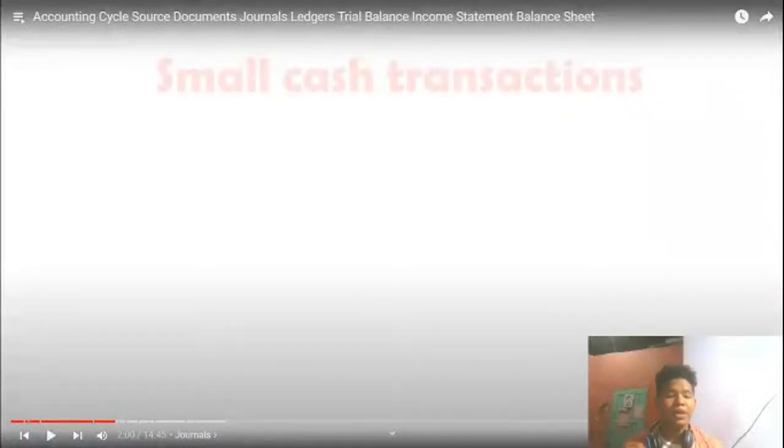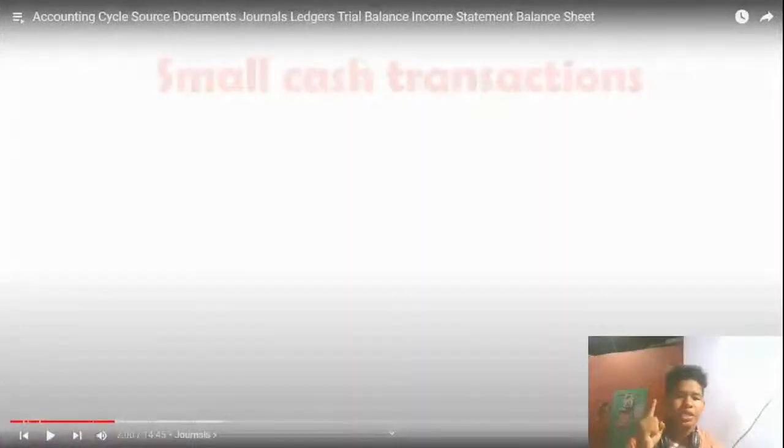So we have the petty cash book and we have the cash book. I didn't know why this point was included, but just to add to what you were saying just now, the petty cash book is another cash book. Within a business, we have the cash book, which is for all the major cash transactions. On the other side, we have the petty cash book that accommodates those little expenses within a business, like small purchases.